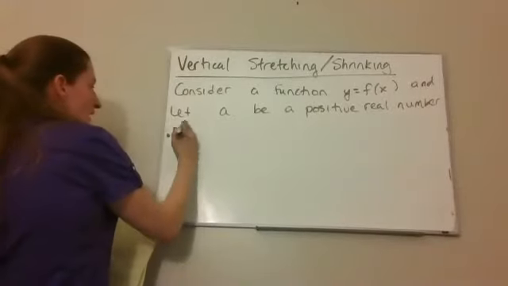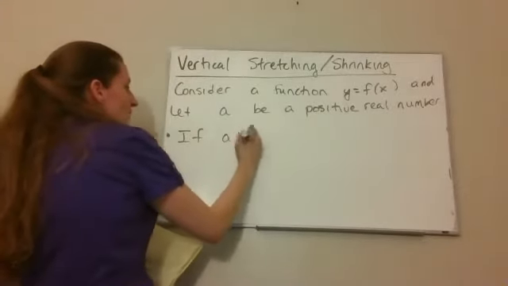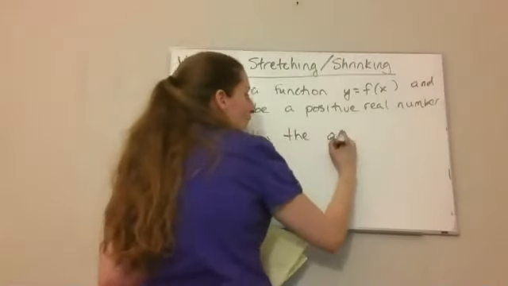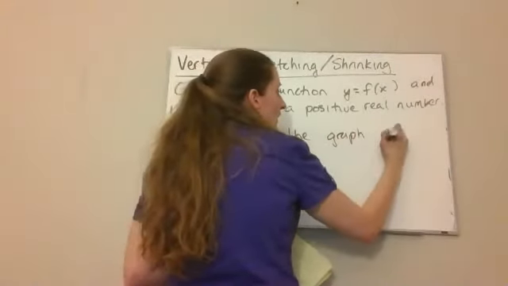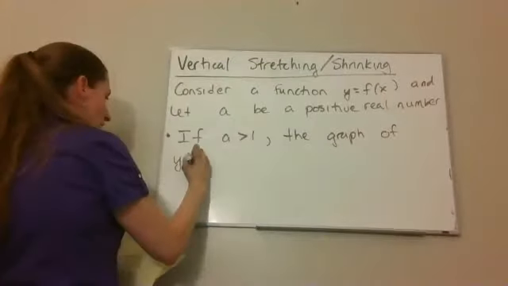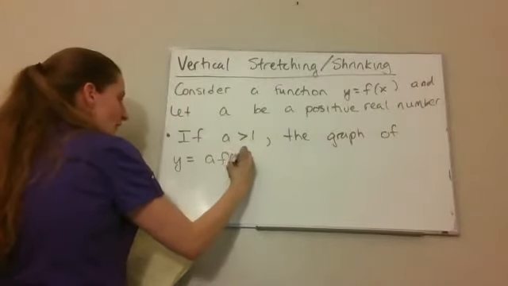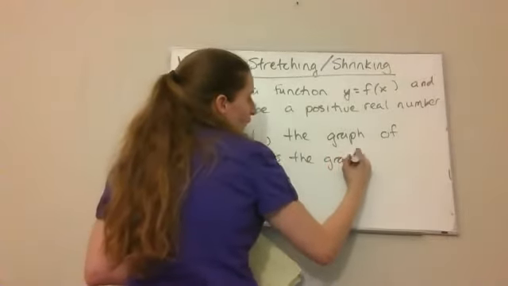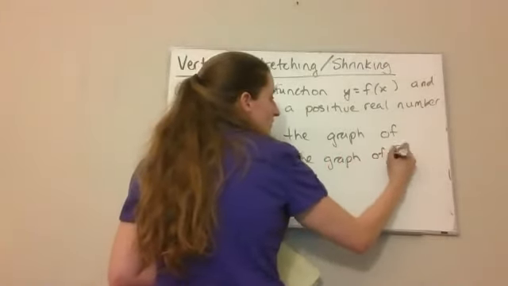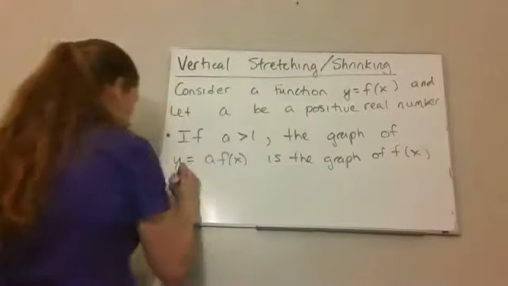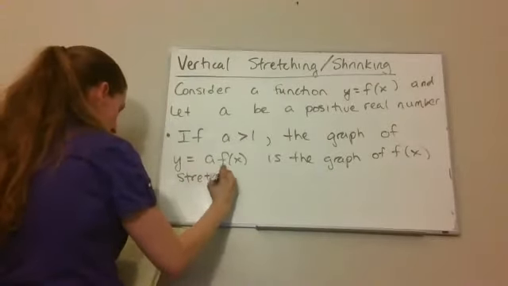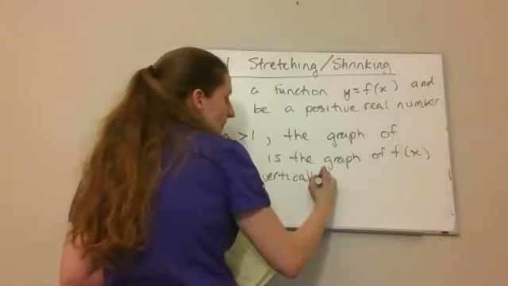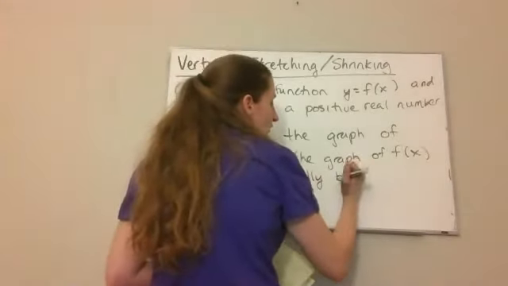Then, if that a happens to be bigger than 1, then the graph of y equals a times f of x is the graph of f of x stretched vertically by a factor of a.